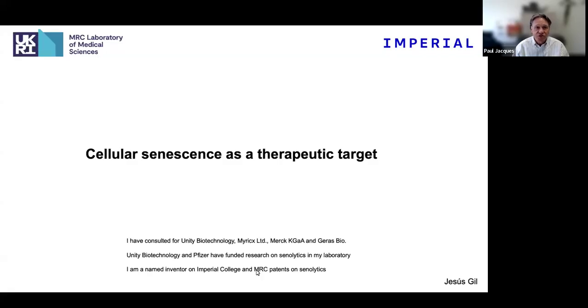His main research interest is to understand how cell senescence is regulated. His laboratory studies the molecular pathways regulating senescence and the senescence-associated secretory phenotype and their pathological implications. The ultimate goal of his research is to exploit the molecular mechanisms controlling senescence for therapeutic benefit.